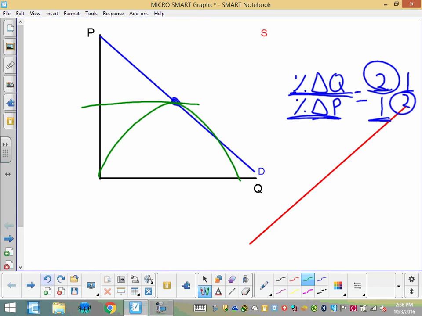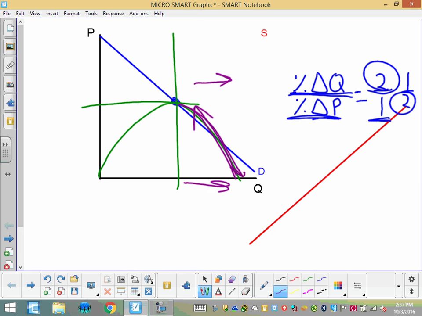Here's the most total revenue we have. That's at unit elastic. That means everything on this side, if you ever go this way, that means you're moving this direction, or you're going down this line. Total revenue is always decreasing. So if I lower the price, then we go this way, and we'll always get less. If I increase the price, we'll move this way, and we'll get more total revenue.